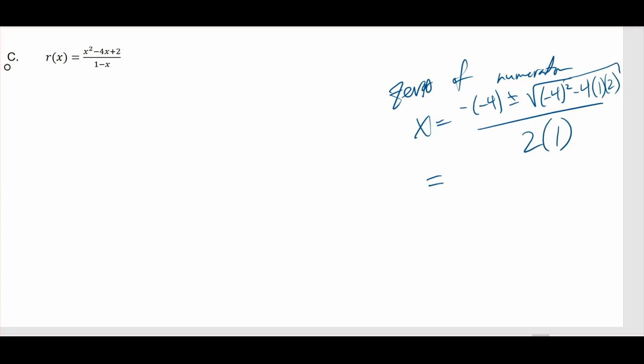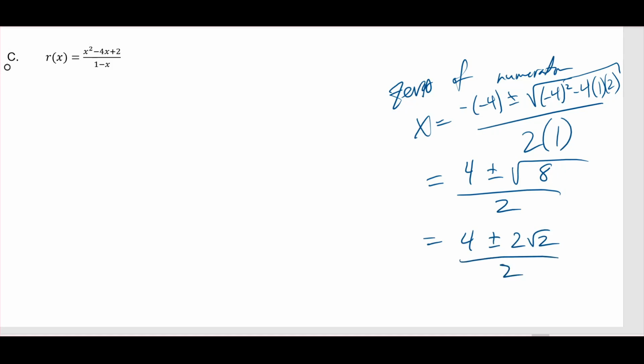So we can simplify that, right? 4 plus or minus the square root of 16 minus 8, which is 8, and then over 2. Okay, so simplifying that, we would have 4 plus or minus, what is this? 2 square root of 2? Right, because 8 is 4 times 2. And then we divide by 2, so this is 2 plus or minus square root of 2.